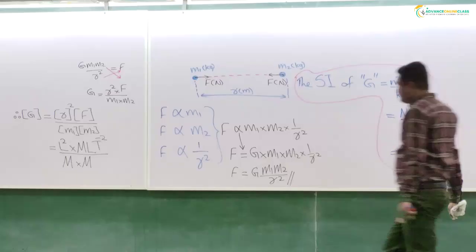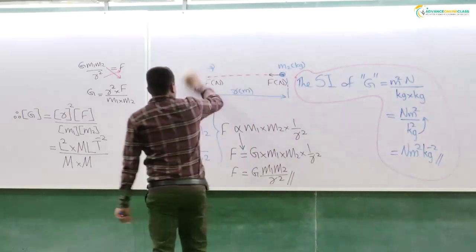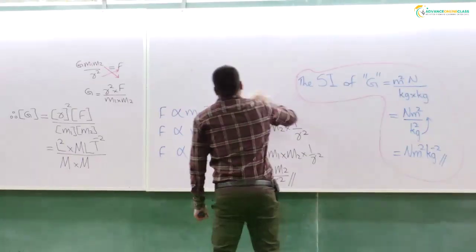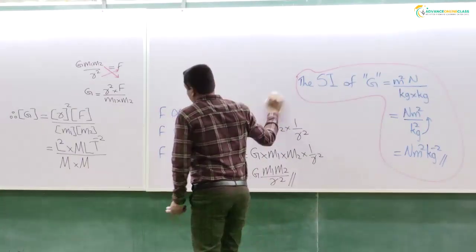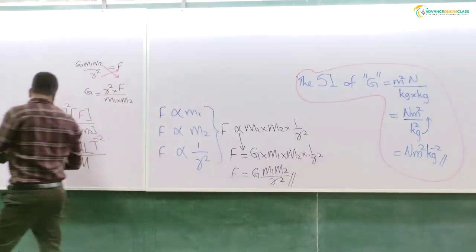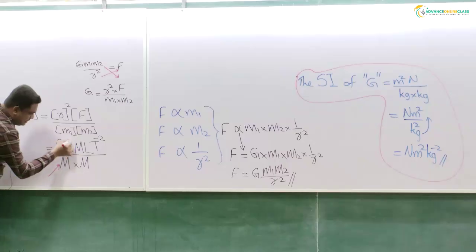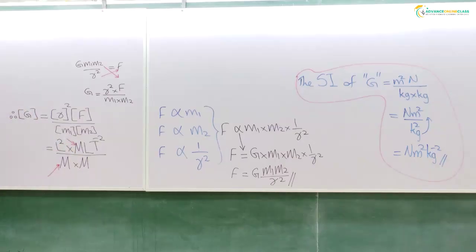Right. Then what will happen? Now you should clearly identify that this M and this M cancelled out. So what are the remaining terms?